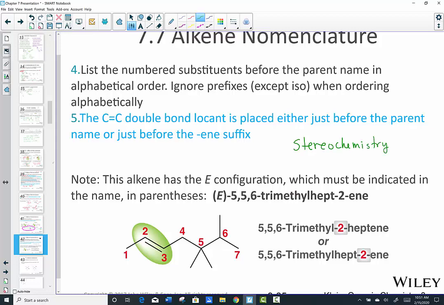And so we have to add the E or the Z, or you could consider cis or trans, if appropriate, when naming the alkenes. Remember that E represents opposite sides of priorities of the pi bond, and Z represents the same side of the pi bond for priorities.